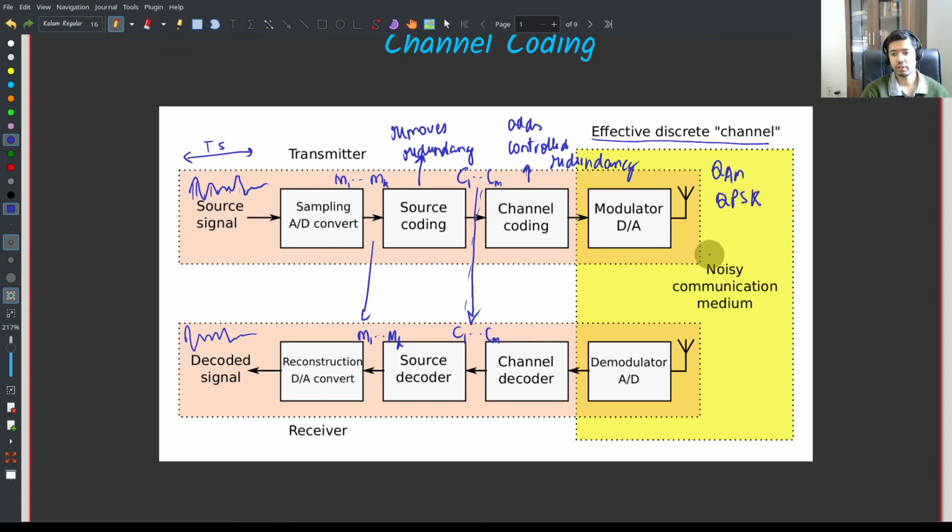Then from that you add a carrier signal, and then you communicate. All of these things are included within this block, but the channel coding, the addition of redundancy, is done prior to this. So this is going to be my channel from now on.